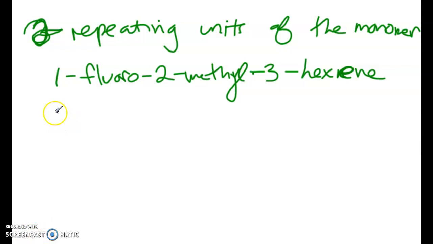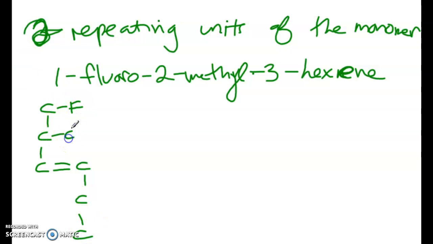Okay, so we're going to draw this out first. 1, 2, 3, double bond, 4, 5, 6. Carbon 1, there's a fluorine. Carbon 2, there's a methyl. And everything else is actually normal. So do that, plus you do the same thing again.